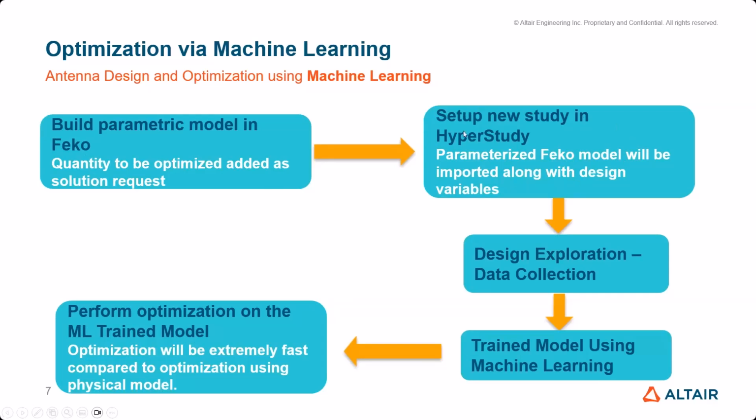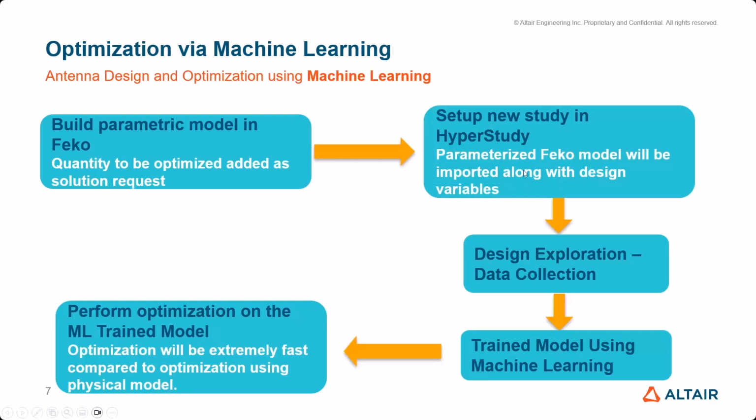So for setting up the study in HyperStudy, once you use the macro that is already present in POSTFEKO, it will populate all of the design variables. It will import all of the design variables into HyperStudy.